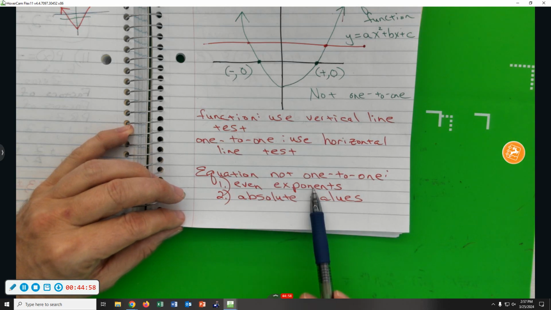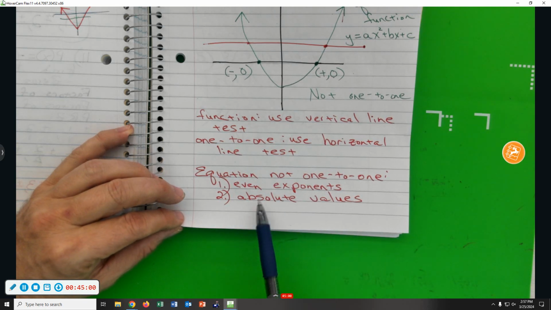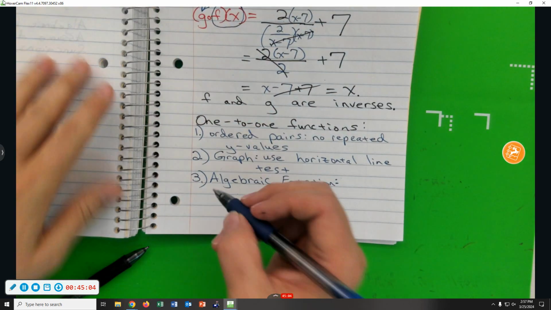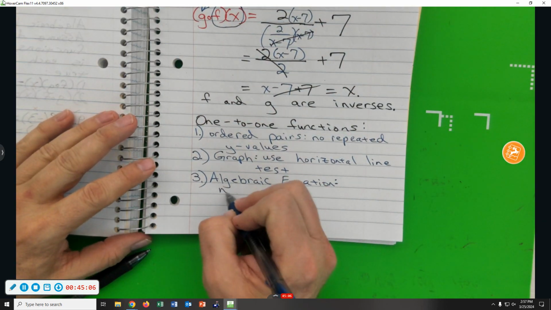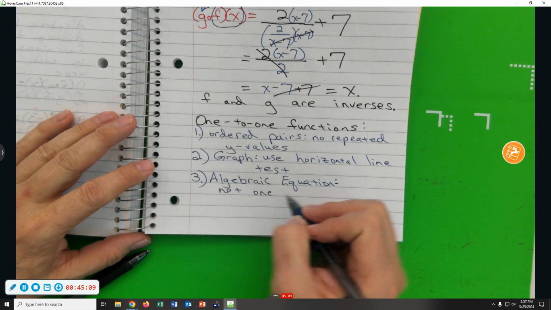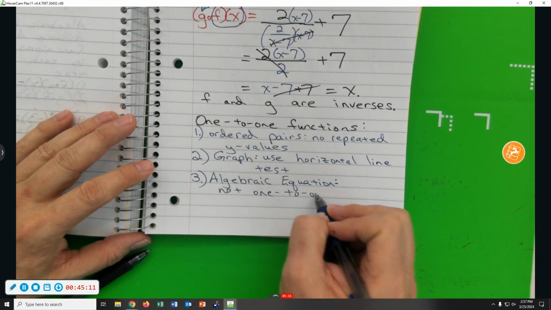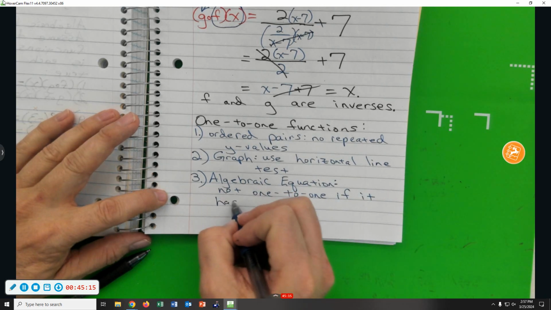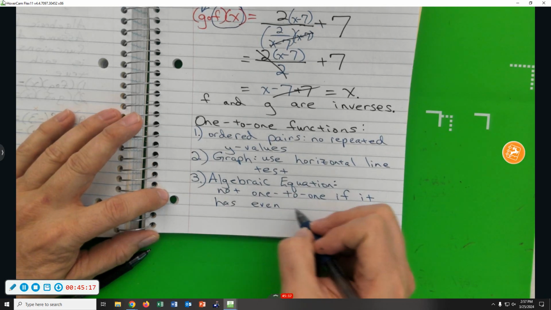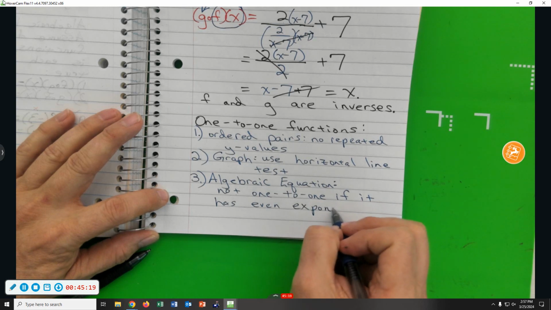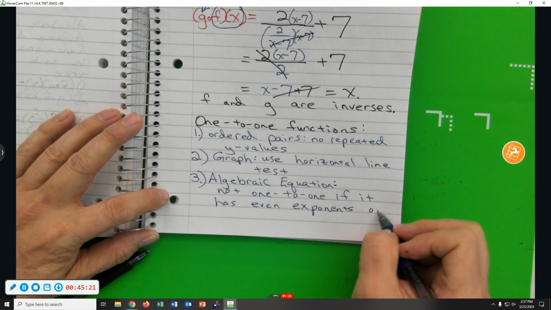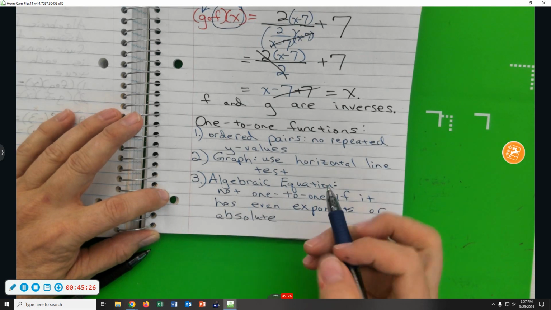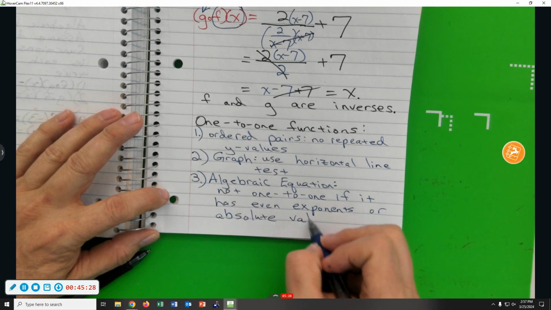So even exponents are a problem, and absolute values too. An algebraic equation is not one-to-one if it has even exponents or absolute values. And we can prove that just using the horizontal line test.